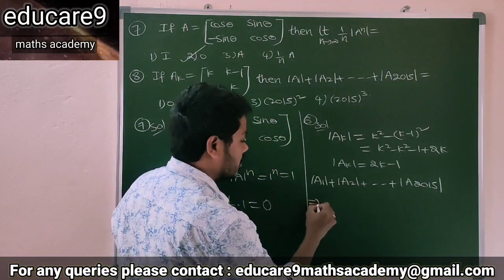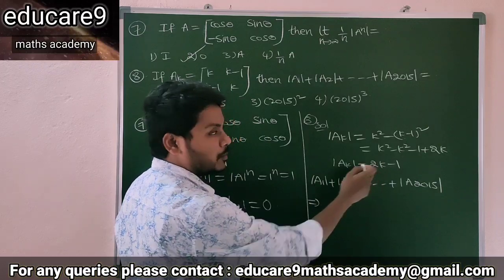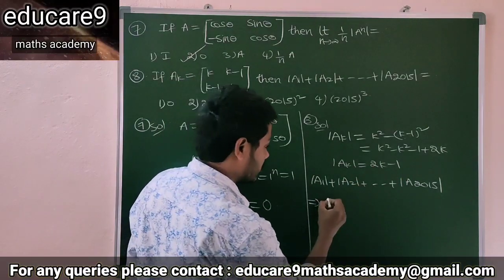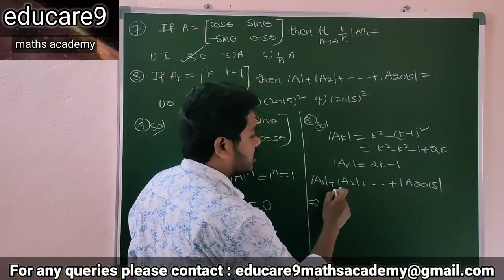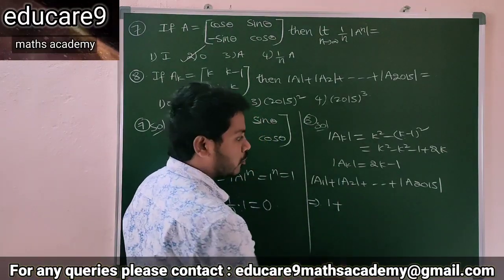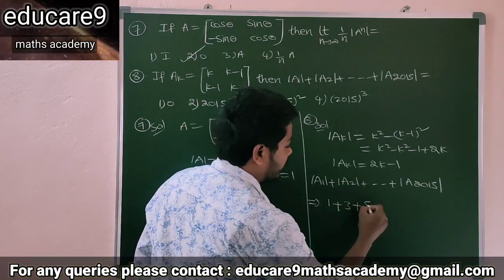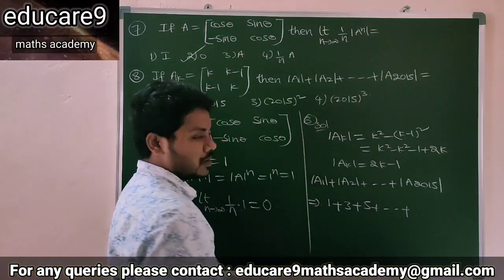So therefore determinant of A1 plus determinant of A2 and so on up to determinant of A2015. For A1, replace k by 1, you get 2 minus 1, that is 1. Next A2, replace k by 2, 4 minus 1, that is 3. Next A3 you will get 5, and so on.